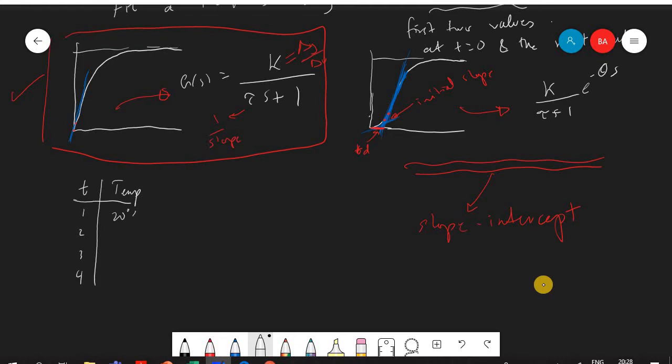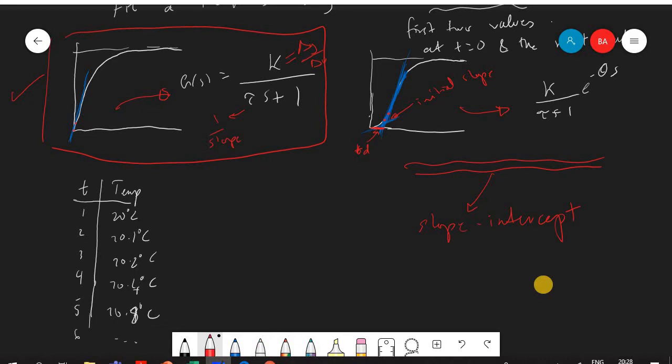It was 20 degrees, and then it became 20.1, 20.2, 20.4, 20.7, and so on. And it could be faster than that. So we have data here, right? So what is the initial slope?